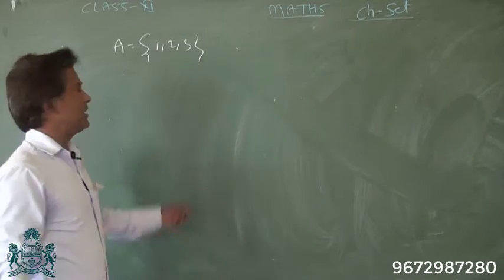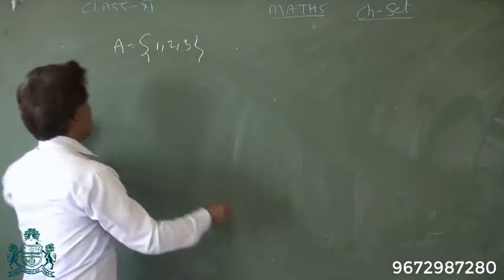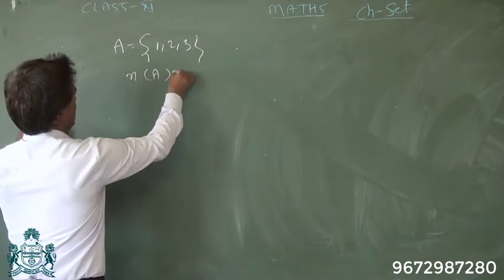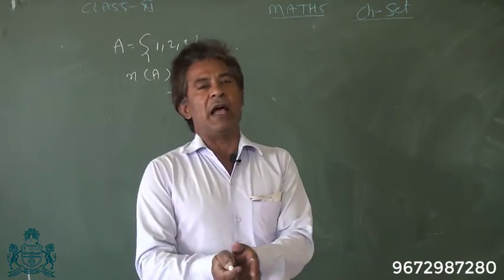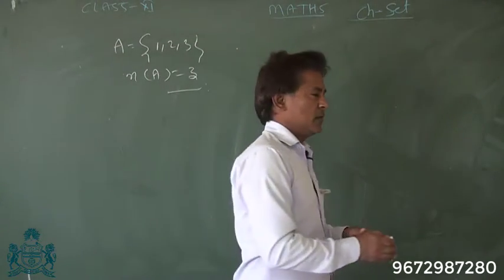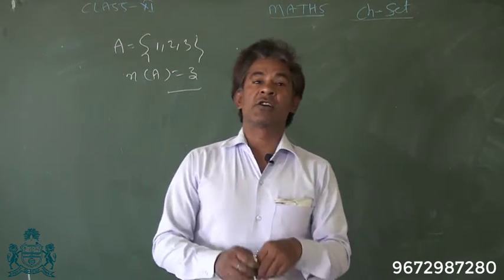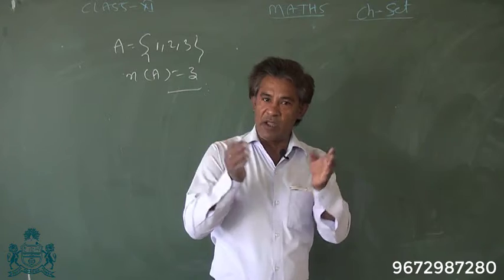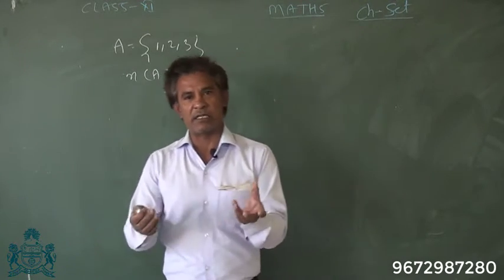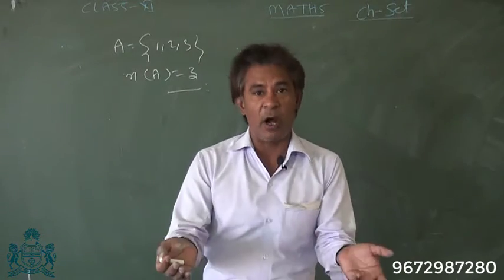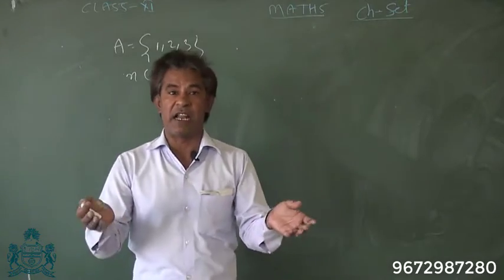Since there are 3 elements in set A, we can say that the cardinal number of set A is 3. Similarly, suppose we want to find the number of elements in A intersection B, in A union B, in A minus B, etc. So today we will discuss how to find the number of elements in A intersection B, A union B, A minus B, etc.